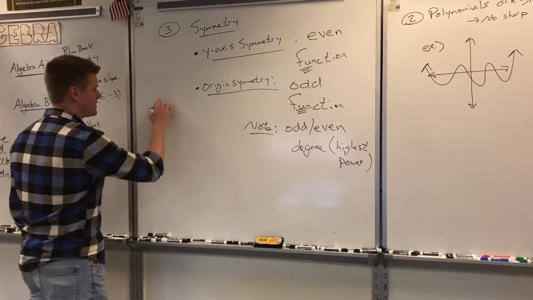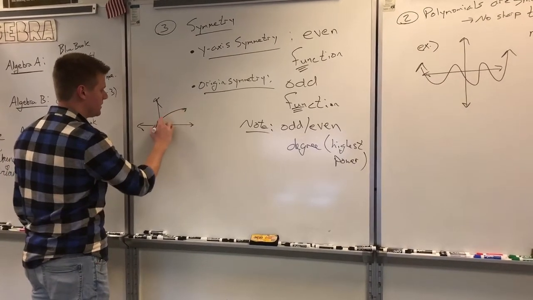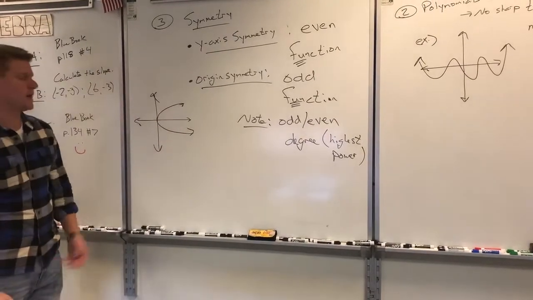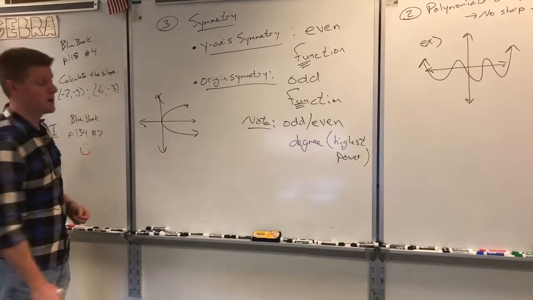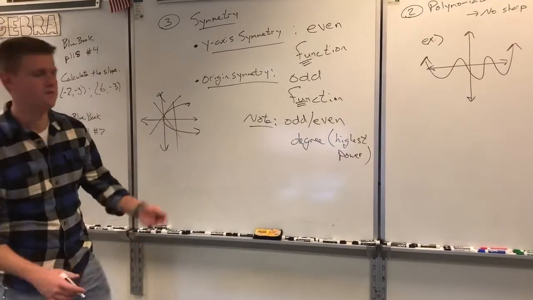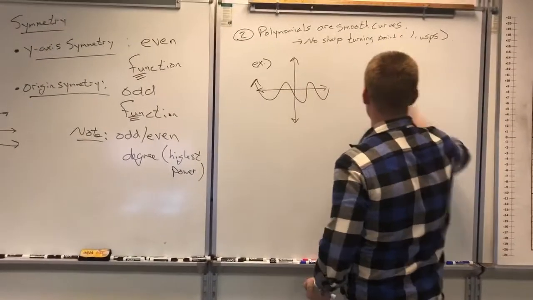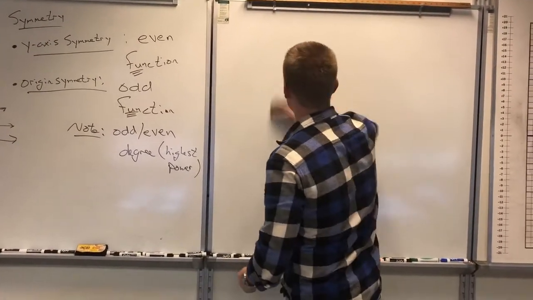If something has x-axis symmetry, that means if I fold it over the x-axis, it lines up on top of each other, which is impossible because that causes it to not be a function. So again, nice mathematical trivia that I love and math nerds love, and I'm sure you do too.